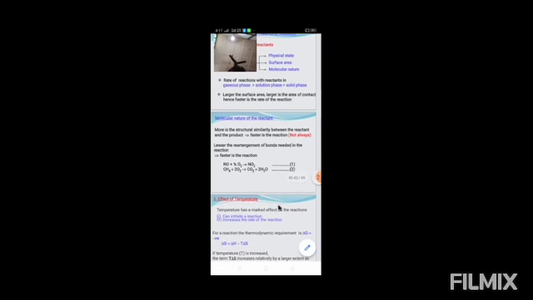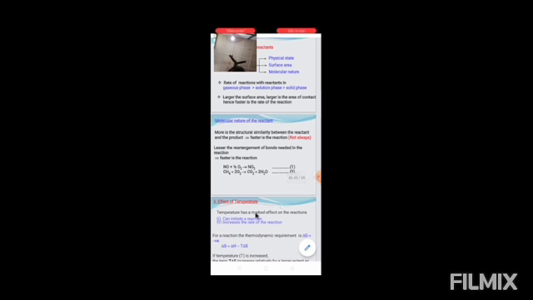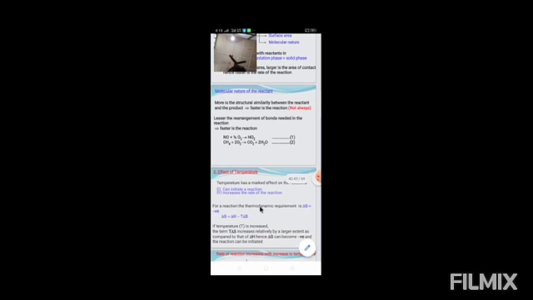Now let us see the effect of temperature. This is the third factor. Temperature has a marked effect on the reaction. It can initiate a reaction and increase the rate of the reaction. For a reaction we require delta G to become negative.